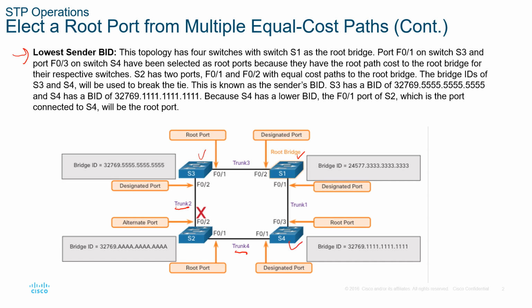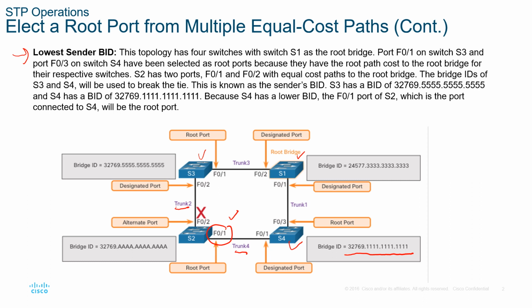Comparing the bridge IDs of S3 and S4, S4 has the lowest, because the MAC address of S3 is 55555 and that of S4 is 1111. Because S4 has the lower BID, port F01 of S2 is selected as the root port. That is how we elect a root port from multiple equal cost paths.